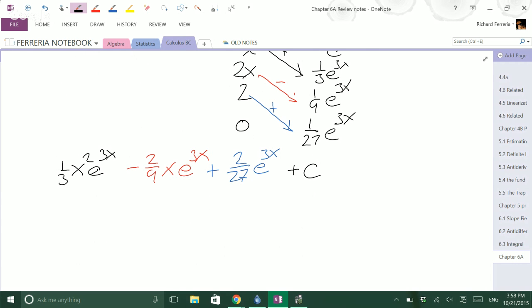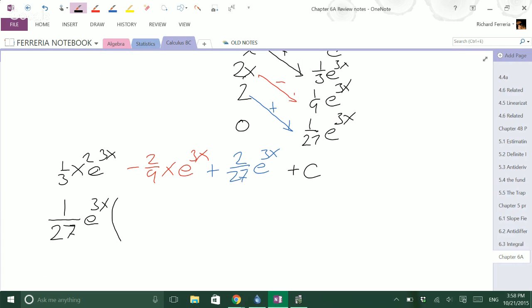Okay, let's take a look at our denominator. It looks like the least common multiple is 27. So I'm going to factor out a 27 on the denominator, and an e to the 3x. Good.